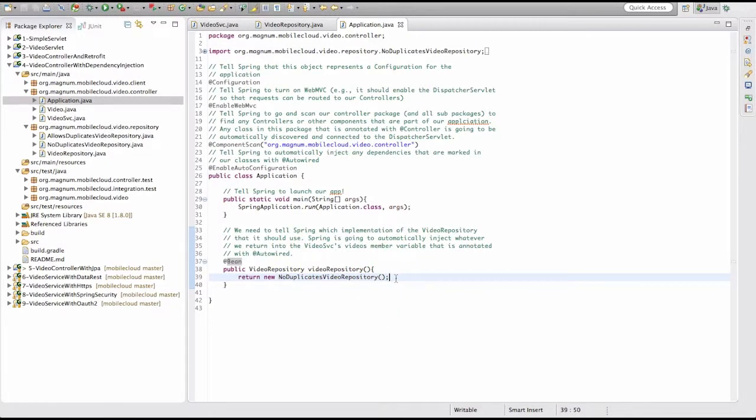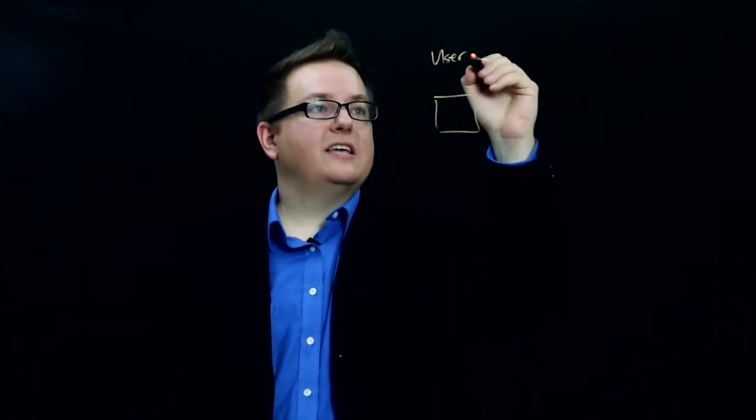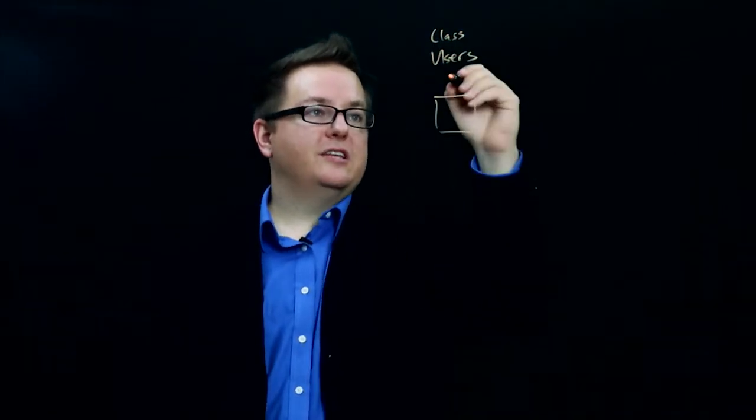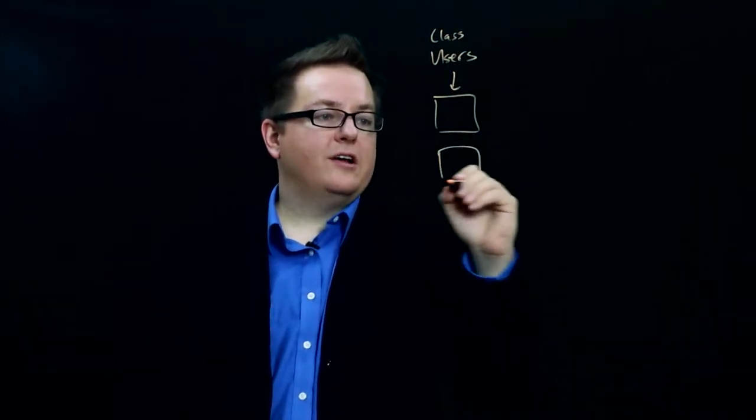So the way to think about this is that Spring is providing us a way to have an interface that is used by multiple classes. So let's say that these are the class users that depend upon our interface.